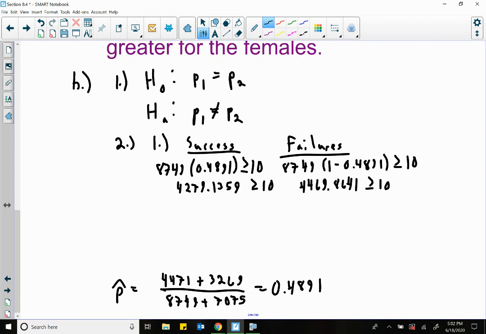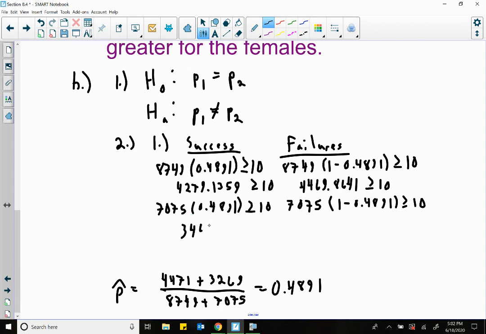So now let's check the other one. Make sure that I use the right number. 7,075 times 0.4891 greater than 10, and 7,075 times 1 minus 0.4891 greater than or equal to 10. So if we figure those out, which hopefully you already know are going to be greater than 10, that's 3,460.4825.